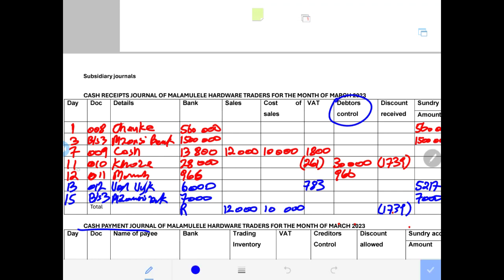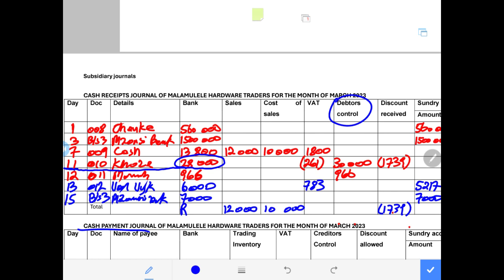Here under transaction number 11, we can see that the amount of the bank was 28,000, but the amount under debtors control was 30,000. And in this case, we had a discount. There was a discount excluding VAT, and there was the VAT amount that was calculated from the discount.